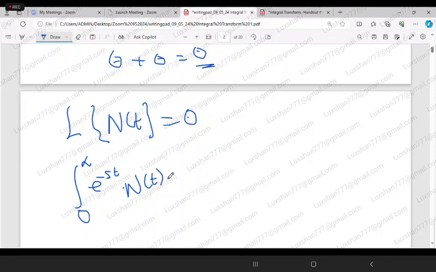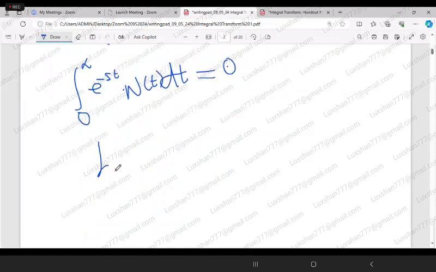If you verify this one, you can see that this is equal to 0, because for all values it is 0. Therefore, this is 0.